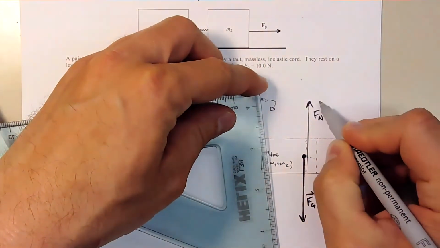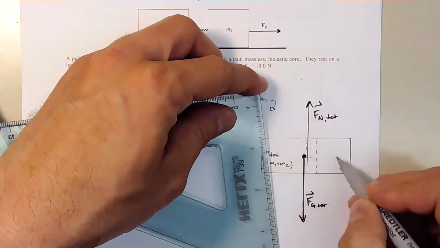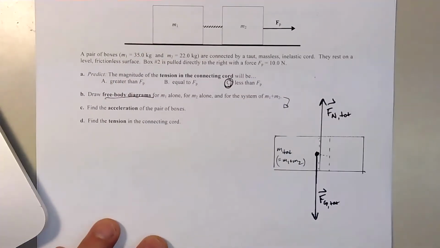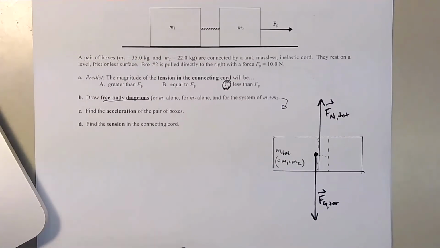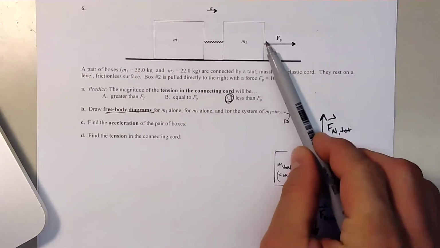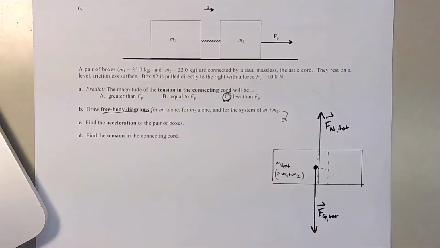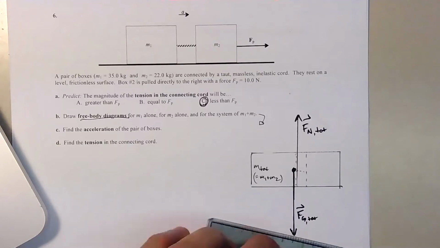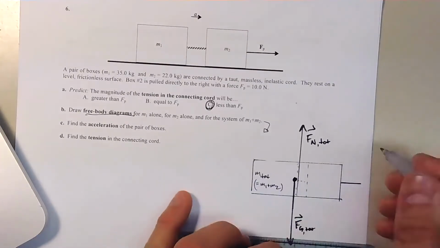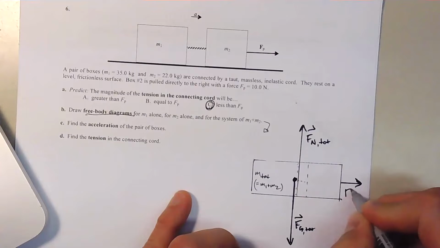I'll call that F sub n tot. The reason I'm adding the total subscript is because I want to distinguish that from the weight and the normal force for the other individual boxes. And then the only other external force acting on the system of the two boxes, remember, we're treating this as a single object, is FP, maybe the person, or whatever that external force is, pulling to the right.